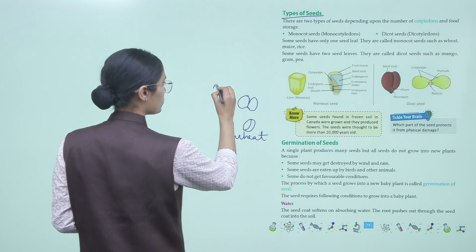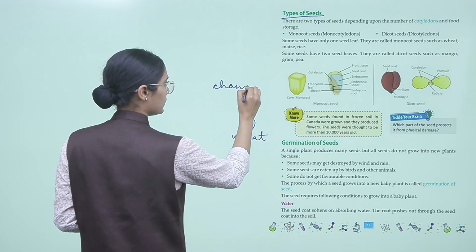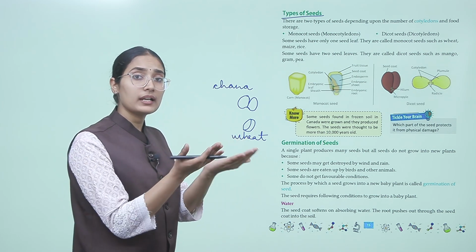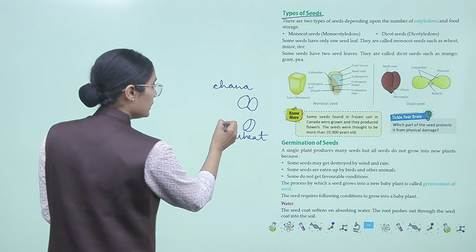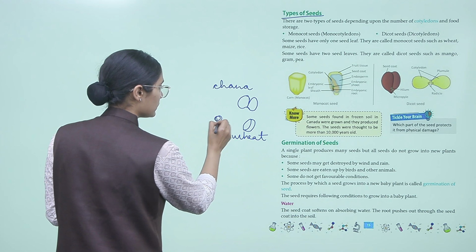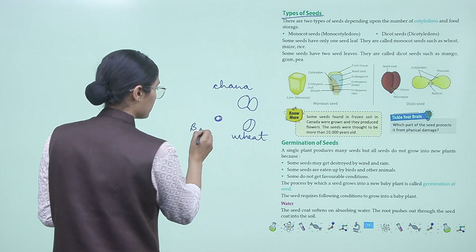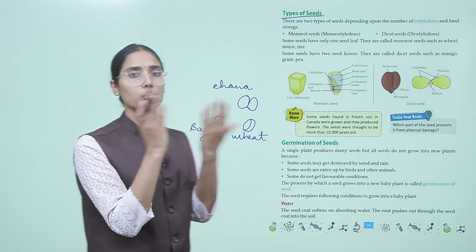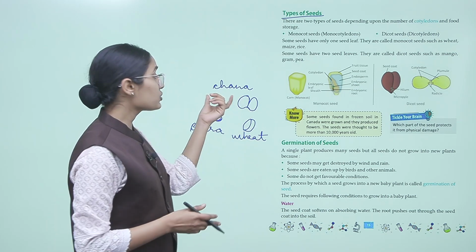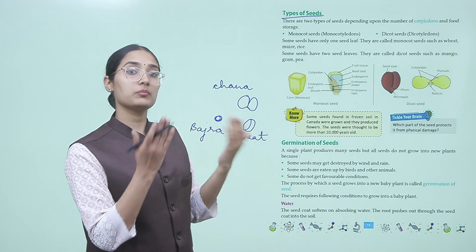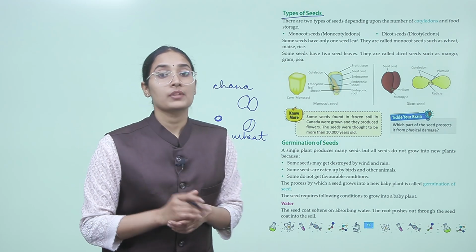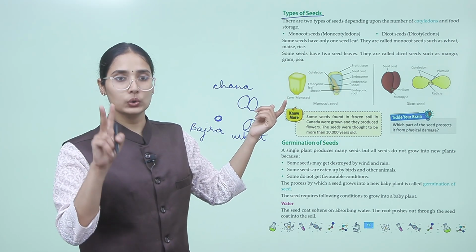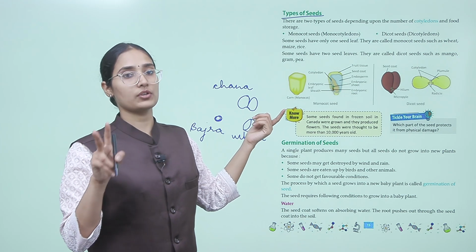This is the chana seed, right? The wheat cannot be opened into two, neither the bajra seed, right? Just like chana can be opened into two, rajma can be opened into two, right? So therefore, on this basis, seeds are divided into two types.